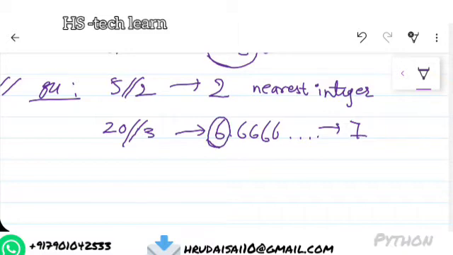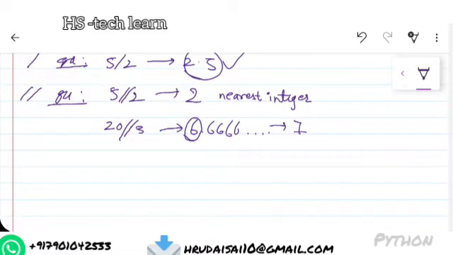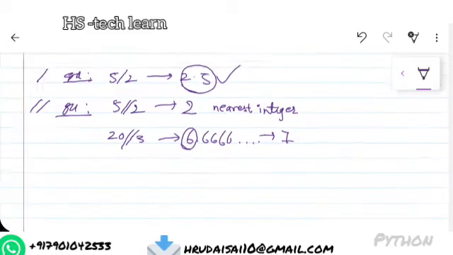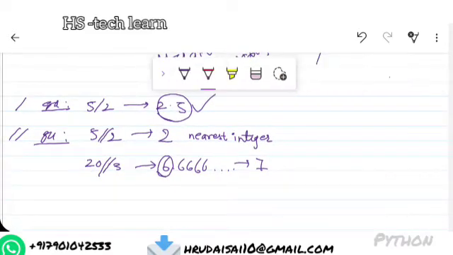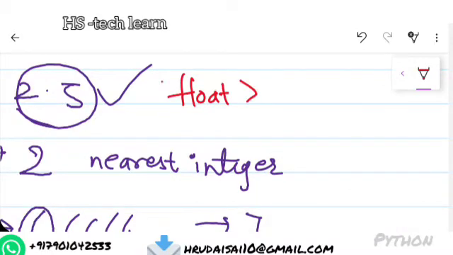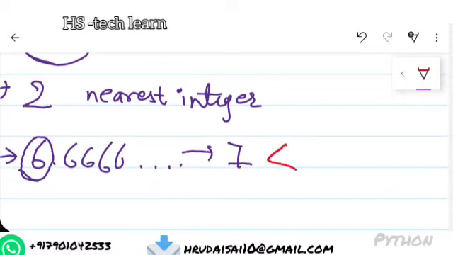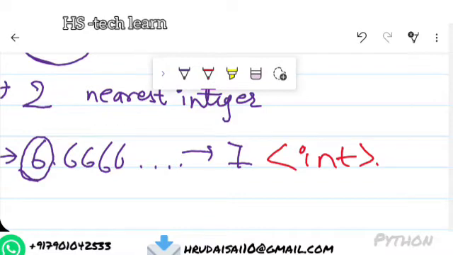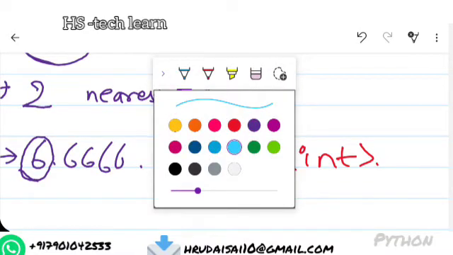So when we are doing a floor division, the integer value from the division is taken as the output. In the normal division, what will we get as the output? What is the data type for it? It is float. Here it is integer, right? We will see the next one.